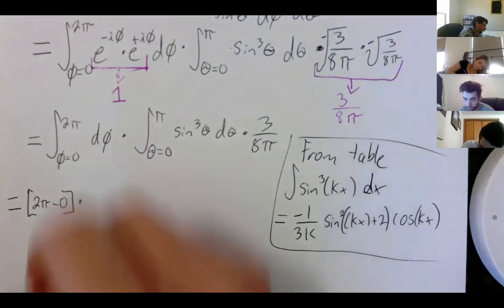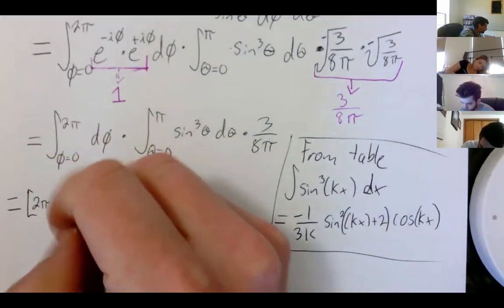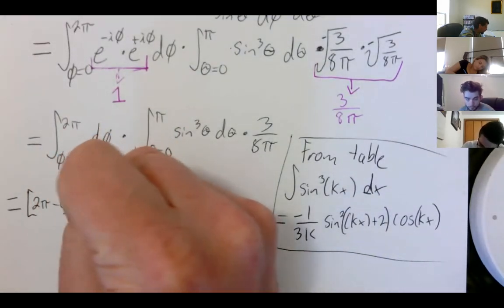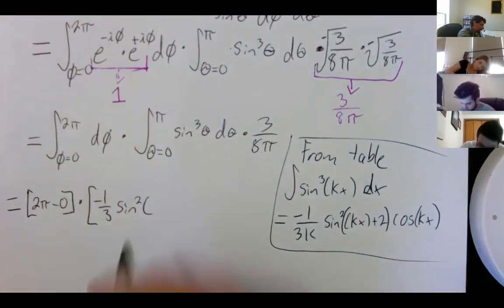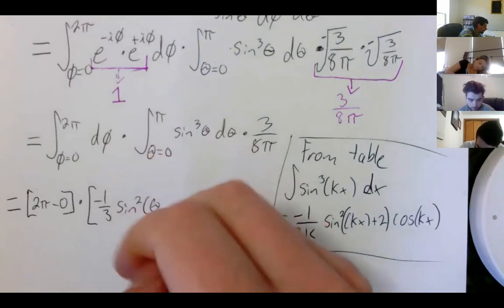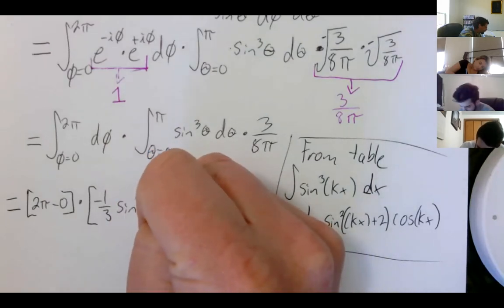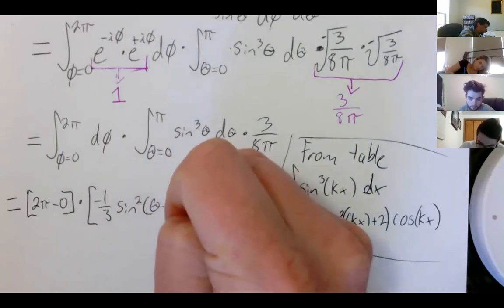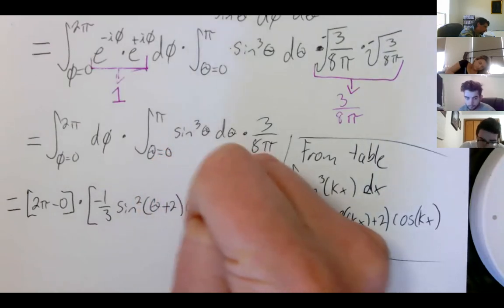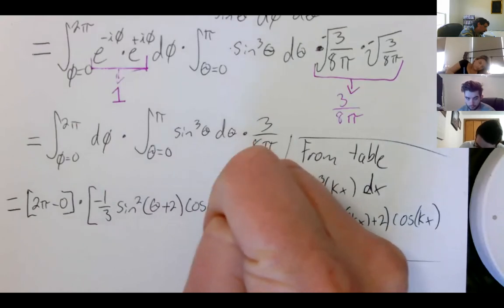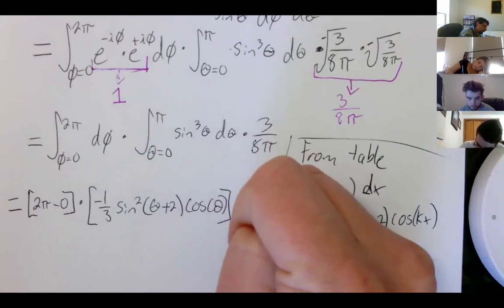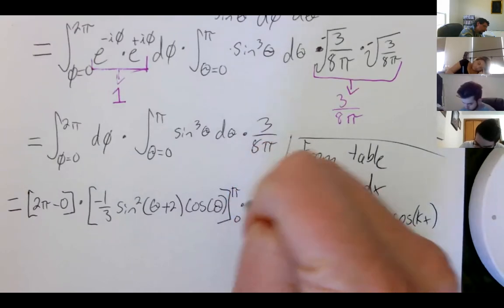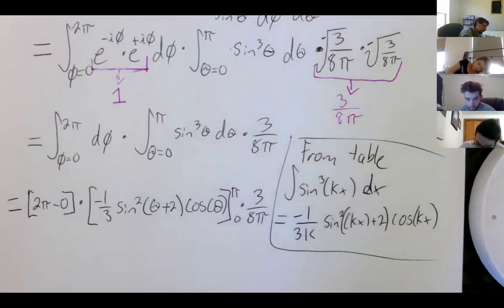The center part gets -1/3 sine squared theta plus 2, times cosine theta, evaluated from 0 to pi, times 3/8 pi.